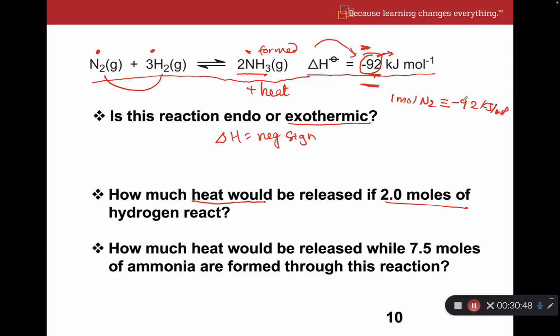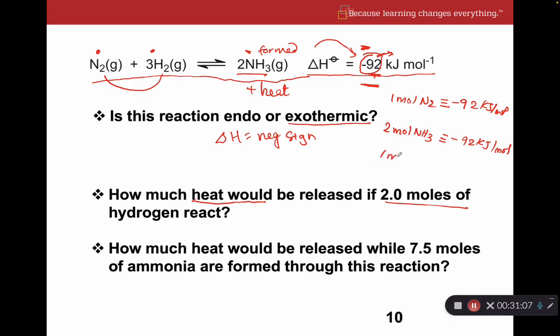Now I can make a conversion factor from this equality. Similarly, 2 moles of ammonia is equivalent to negative 92 kilojoule per mole.